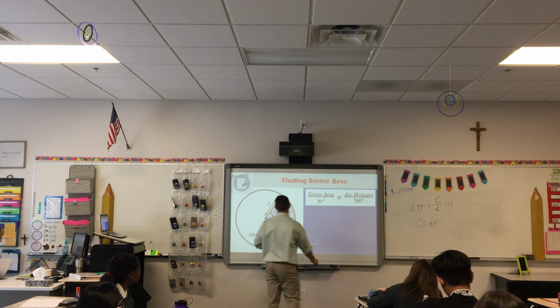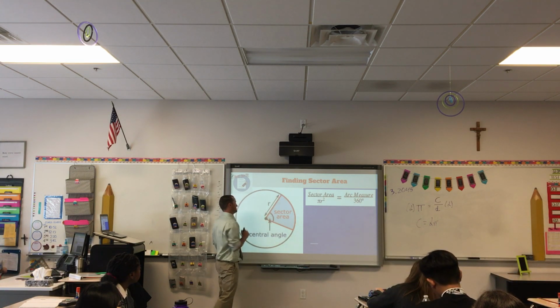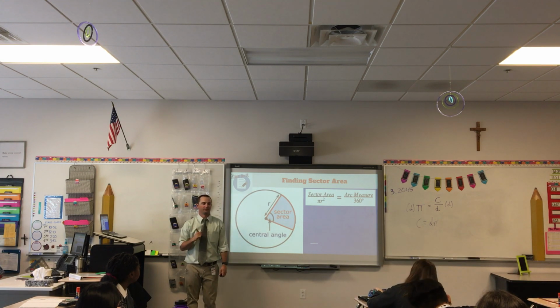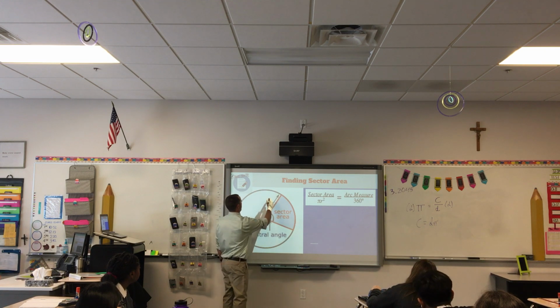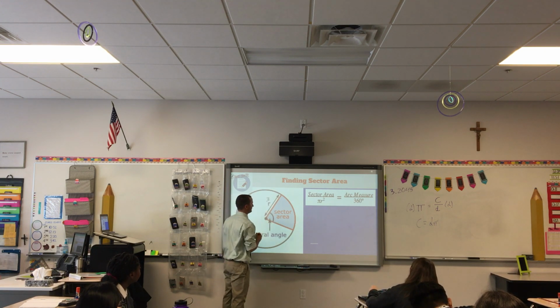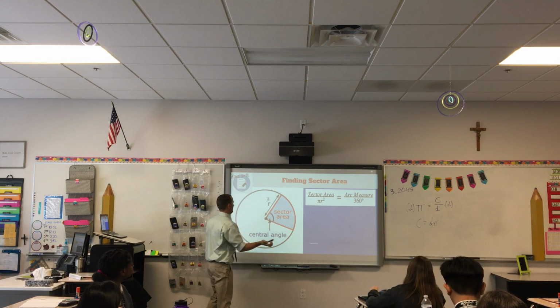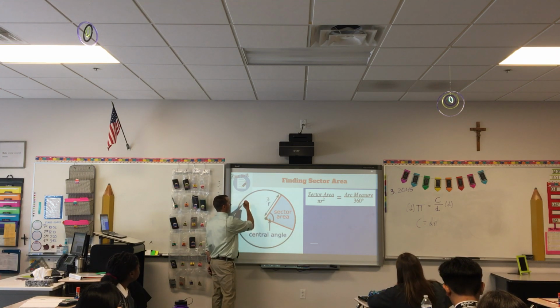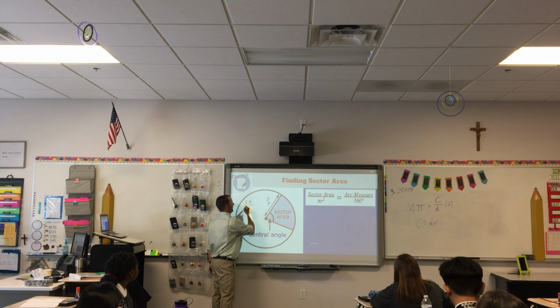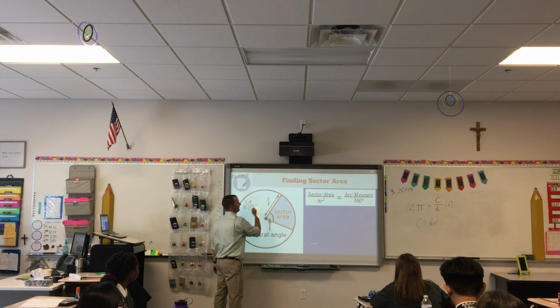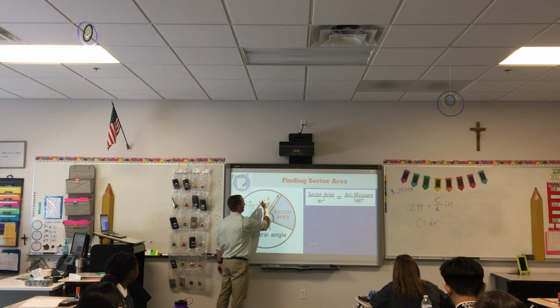So, for example, if this arc measure was 45 degrees and the radius was 3, I would set this up as sector area, we'll call it SA, equals pi times 3 squared, equal to 45 over 360.